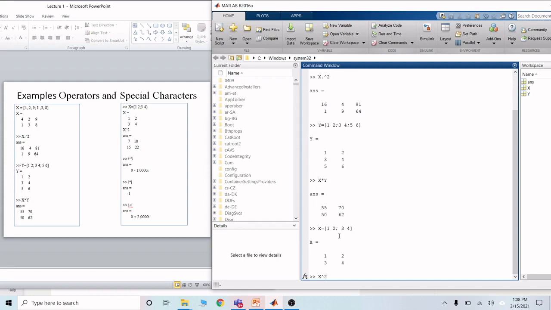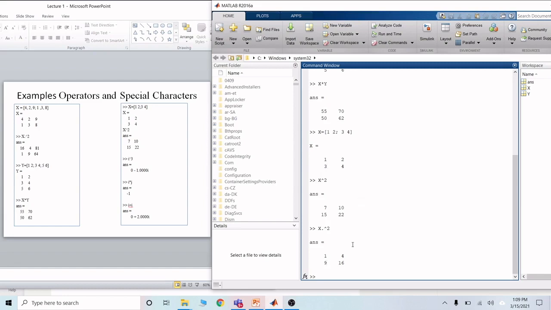Here I am taking the square of matrix x. The answer is 7, 10, 15, 22. You can multiply x cross x, then you will find that the answer is 7, 10, 15, 22. It's not element-wise square. If I put dot cap 2, then the answer is 1, because 1 square is 1, 2 square is 4, 3 square is 9 and 4 square is 16.